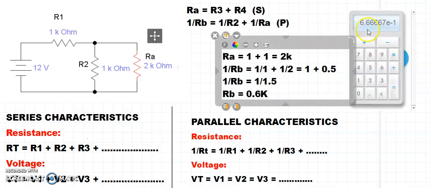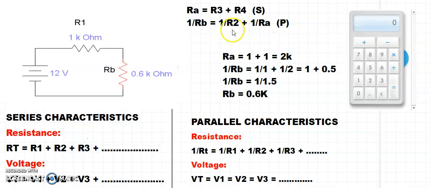So we have 0.6 k raised to power 1, which means 0.6 k. So Rb is 0.6 k. After solving R2 and RA in parallel, we have a new equivalent resistance Rb of 0.6 kilo ohm.